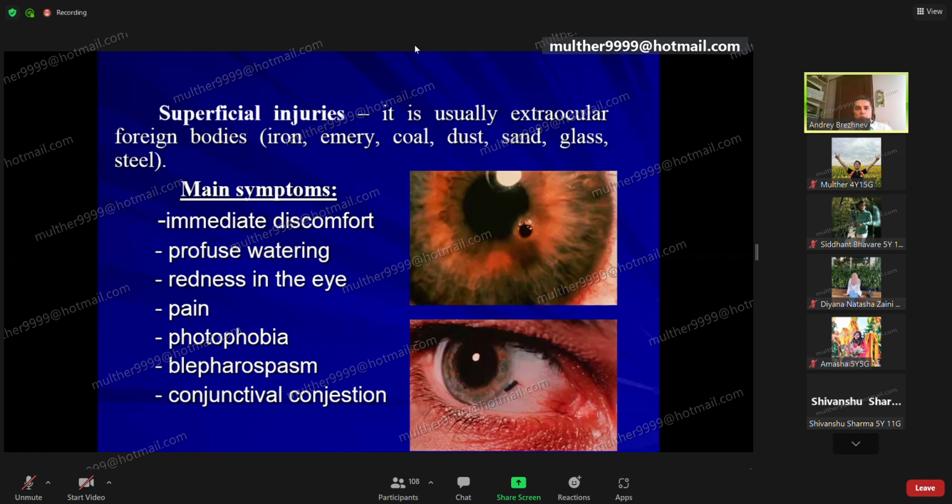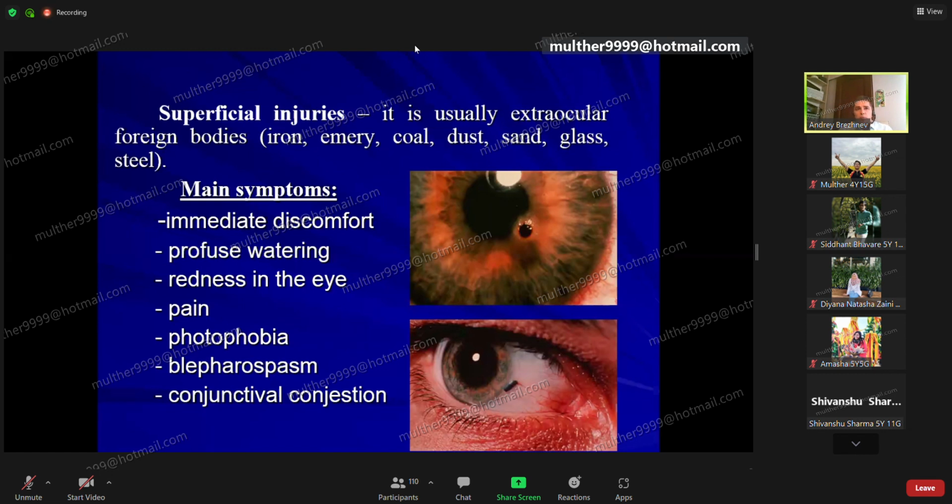In the cornea, it is usually embedded in the epithelium or superficial stroma, rarely in the deep stroma, because the cornea is a rather solid structure with good protective properties. In the upper photo, you can see a superficial foreign body in the superficial layers of the cornea.